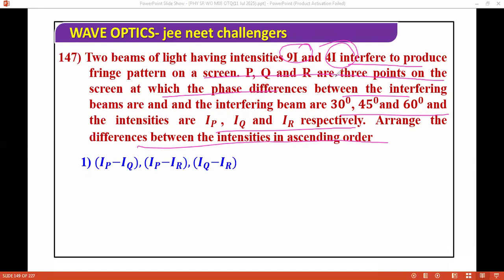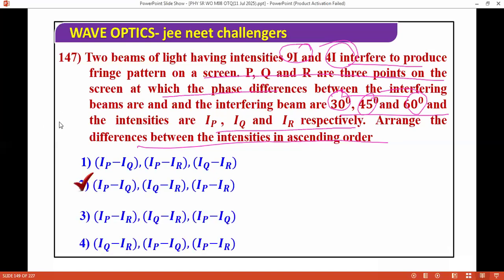P, Q, and R are three points on the screen at which the phase difference between the interfering beams is 30 degrees, 45 degrees, and 60 degrees. You have to arrange the intensities at these points in ascending order. If you solve this question, you get the option, and you need to arrange in ascending order.